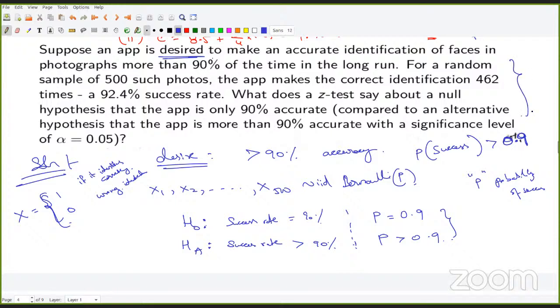Alpha is given. Sample success rate, yes, sample success rate can be taken as 0.924, and alpha is given. So we know this thing. This is the proportion of success rate of these 500 photos, which you can simply see as X bar.